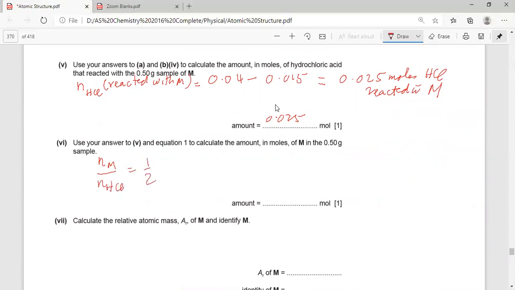So number of moles of M is 1 over 2 times 0.025, which equals 0.0125 moles.